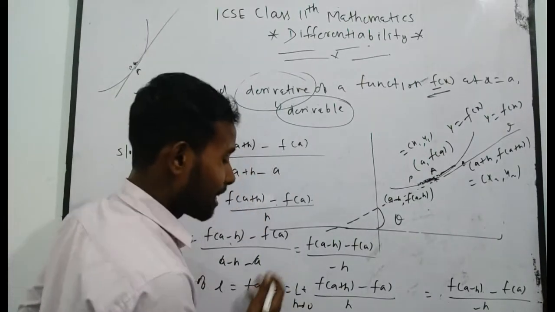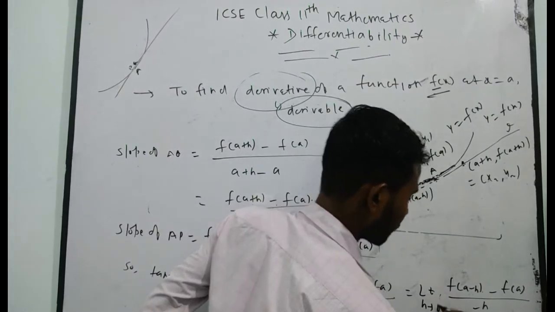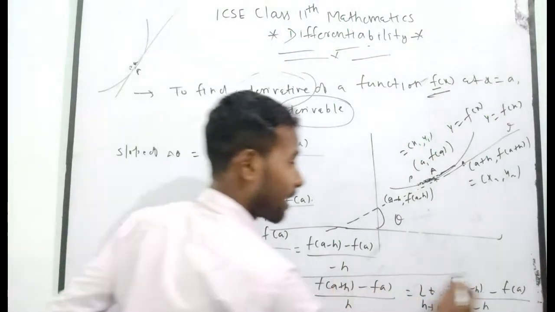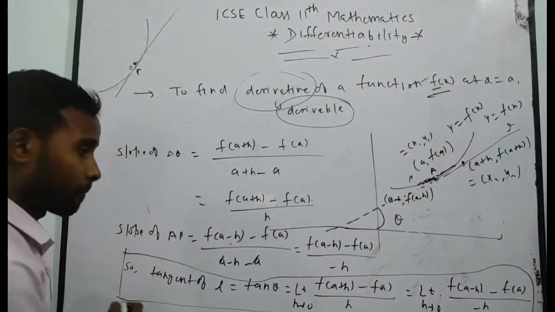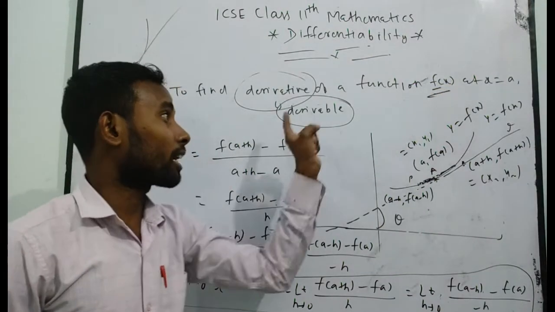Can you take limits here? Limit h tends to 0, and similarly limit h tends to 0 for the other. This is the derivative of f(x) at x equal to a.